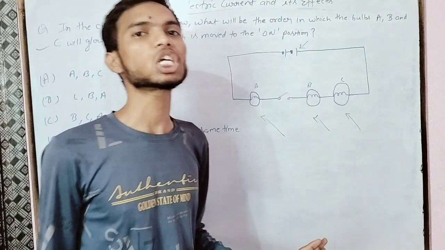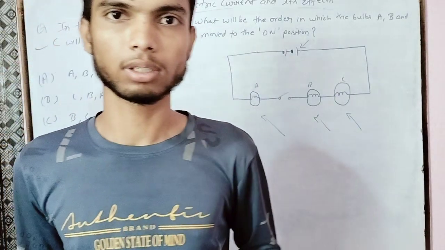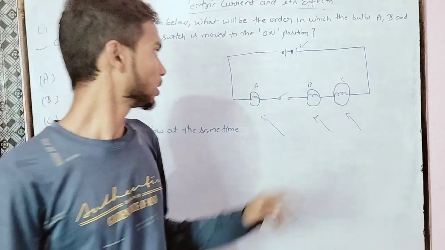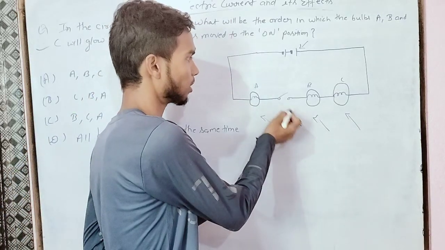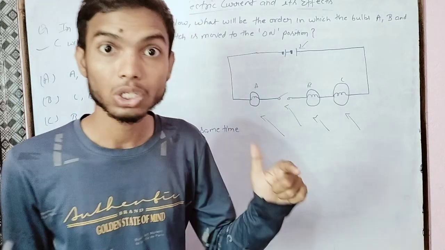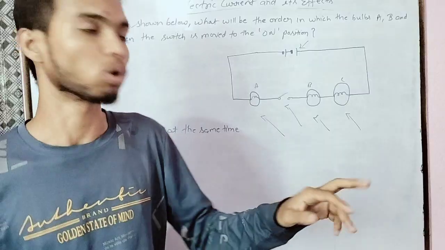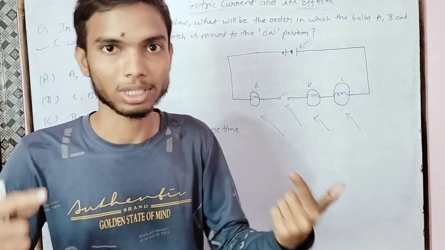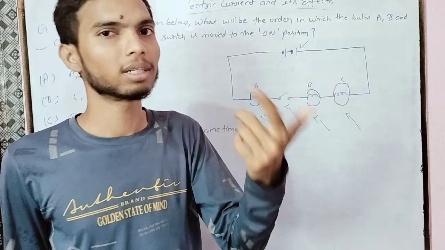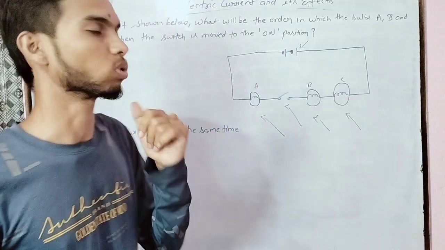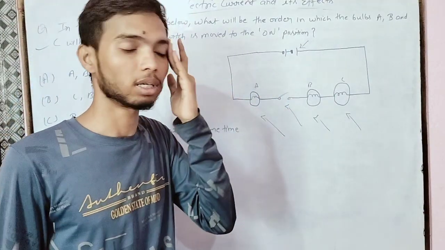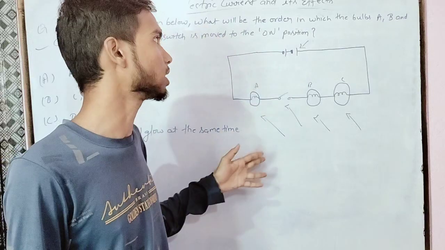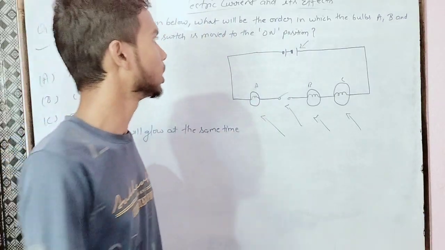Now you are crystal clear that there are three bulbs. It is a symbol of a switch, and it is a switch off because this is open. If this was closed, then we call it switch on. But now it is in the off position. That's why this switch is off.